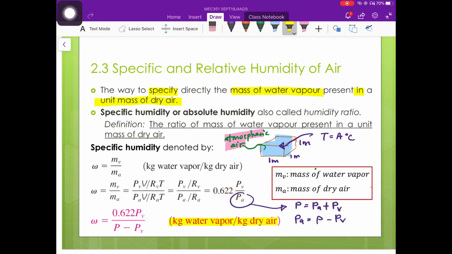And we know from previous that pressure is equal to the partial pressure of the dry air plus the partial pressure of the water vapor. We can rearrange so that PA equals P minus PV.